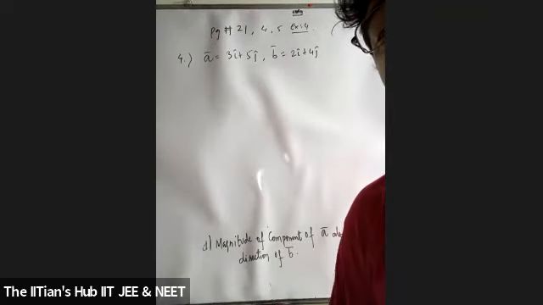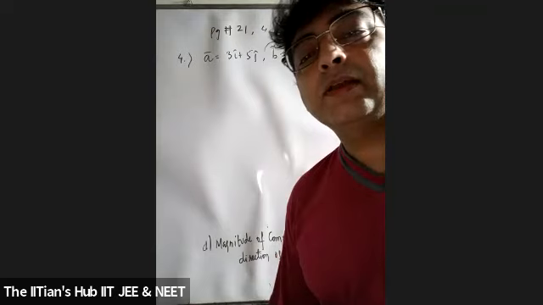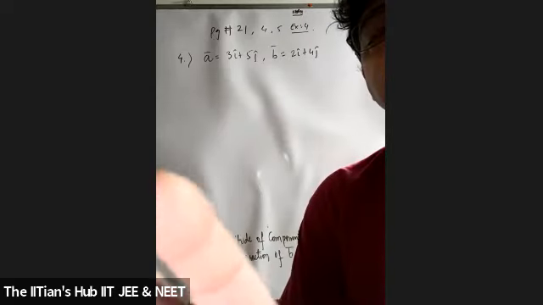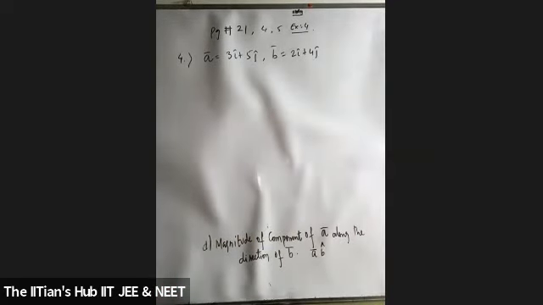Vector A into unit vector B. Okay. That is what you mean to say? Yes, sir. But here it's component of magnitude of A. So it will be AB upon B.